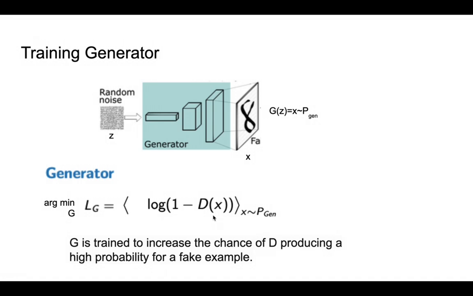That means the generator's purpose is to bring the discriminator output, while the input is coming from the generated data, close to 1, and it is equivalent to minimizing 1 minus the discriminator value.